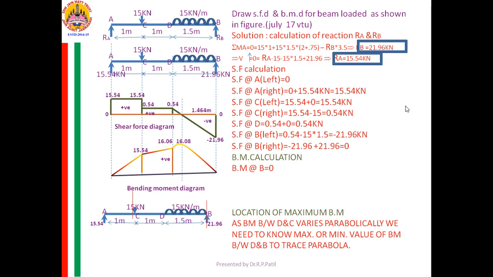First is BM at B. Yes, if I see the left part, so many loads are there. Better to do the calculation by considering the right side. What is there on the right side? No load, therefore BM there equal to 0.